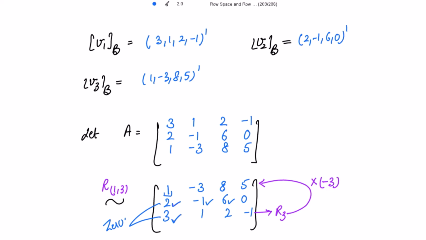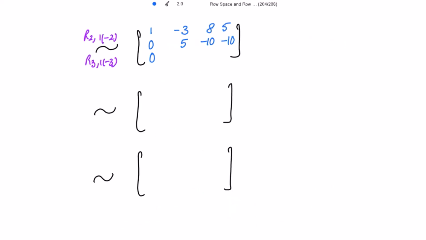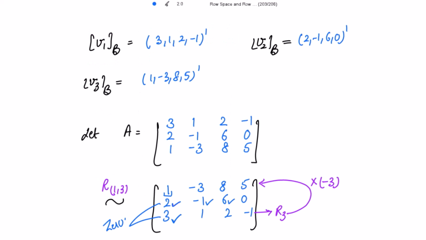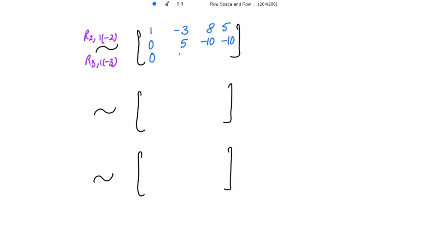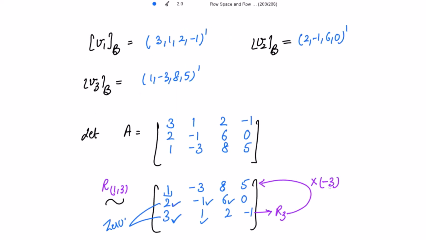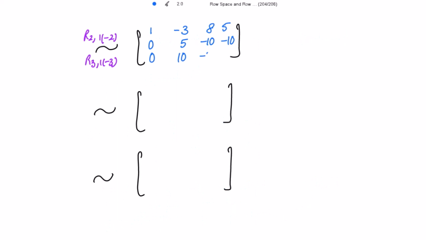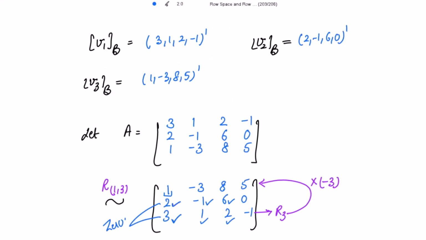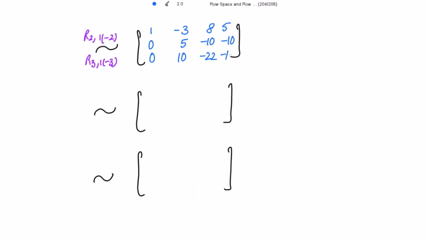Adding this to 3, we get 0. -3 multiplied with -3, we get 9. Adding this to 1, we get 10. 8 is multiplied with -3, we get -24. Adding this to 2, we get -22. 5 is multiplied with -3, we get -15. Adding this to -1, we get -16. So this becomes our leading element now.